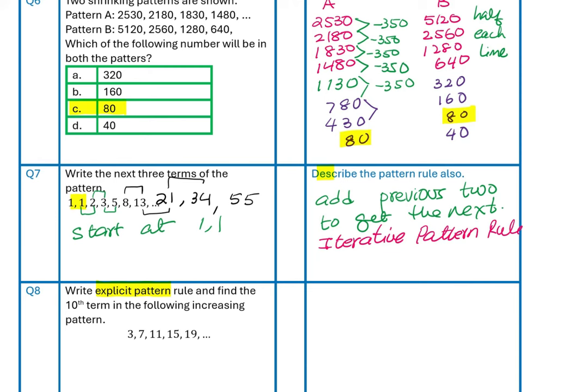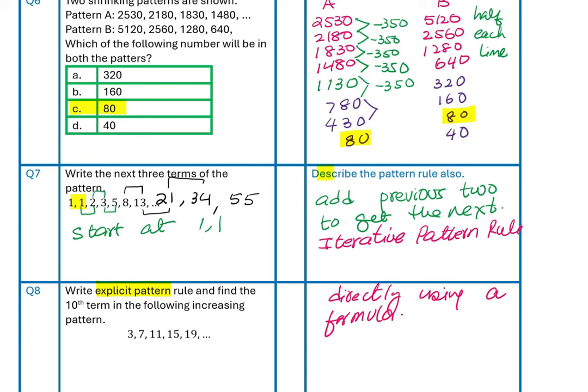Here, we should know the previous term to get the next one, right? Explicit means directly, using a formula.